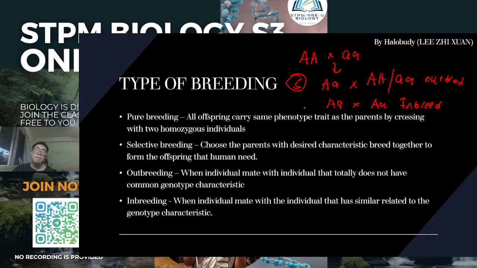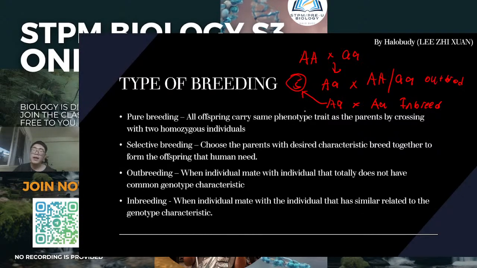But for inbreeding, it is not necessary that it must be crossed among their siblings. A self-cross is, as a human example, if I am a man, I marry my sister.